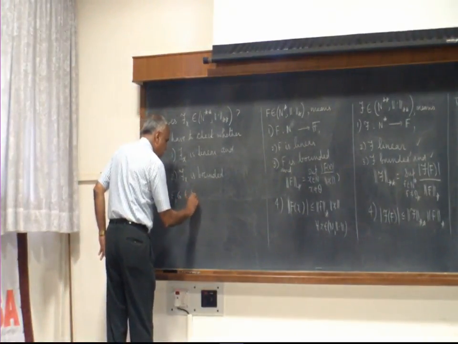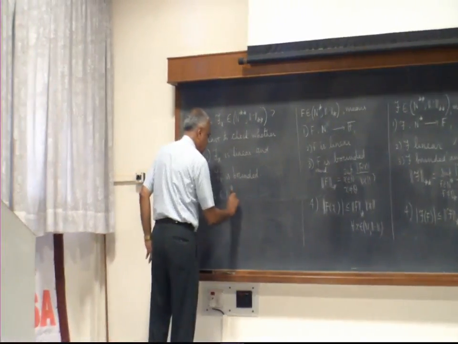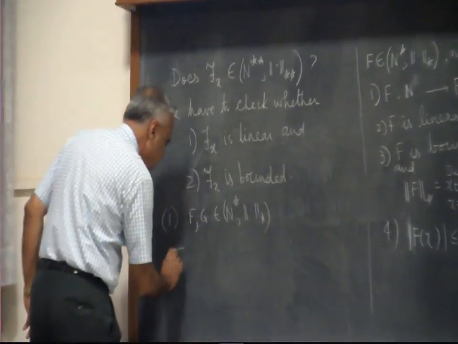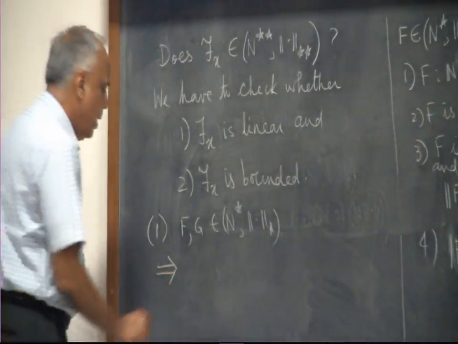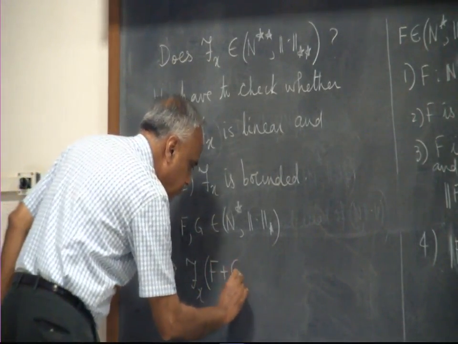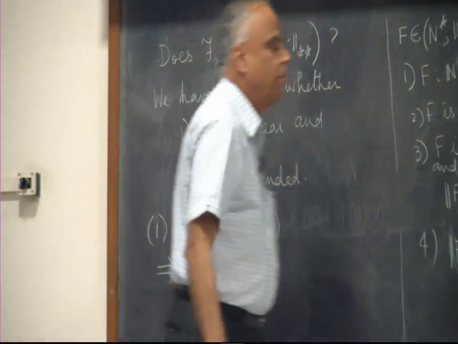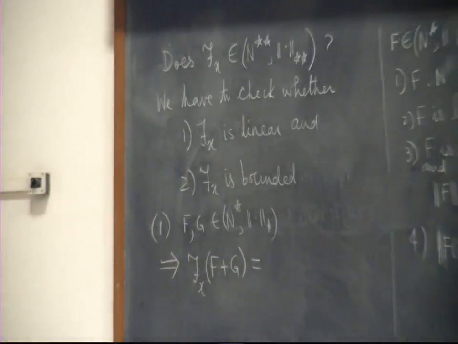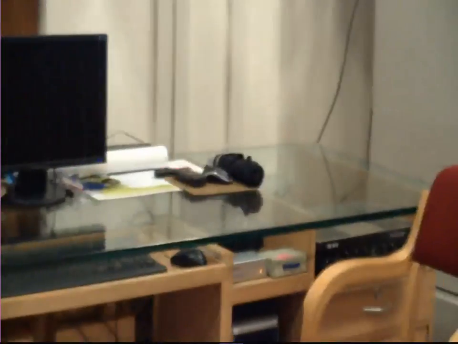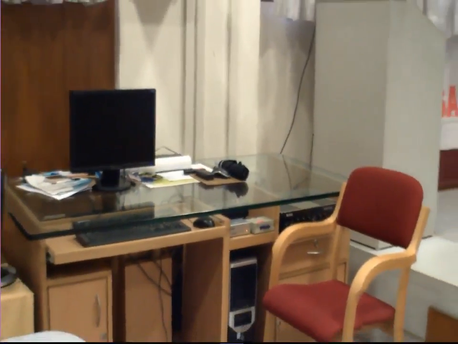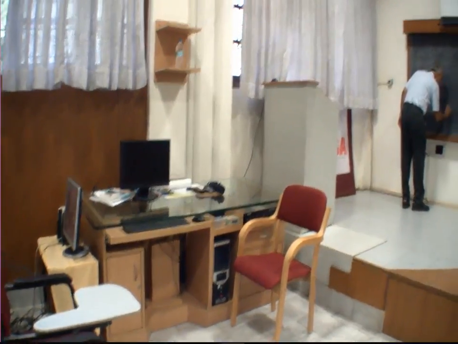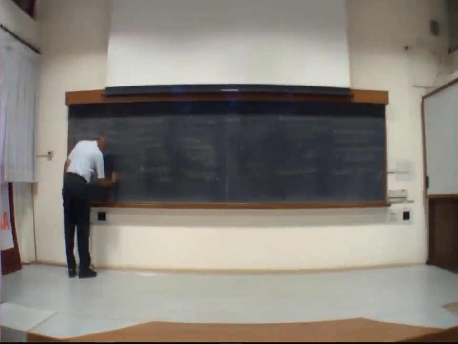Suppose they belong to N star, implies F_x of f plus g, by our definition of F_x, F_x of anything is that thing acting on x. So that will be equal to (f plus g) of x.